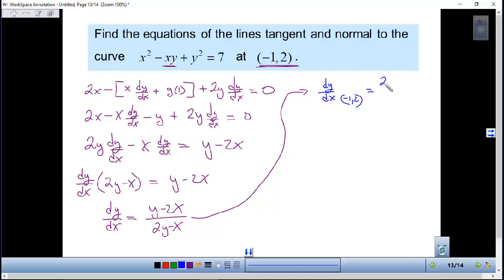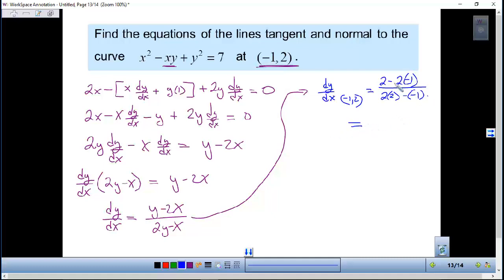So I'm going to have 2 minus 2 times negative 1 over 2 times 2 minus negative 1. Let me rewrite that. Minus negative 1.